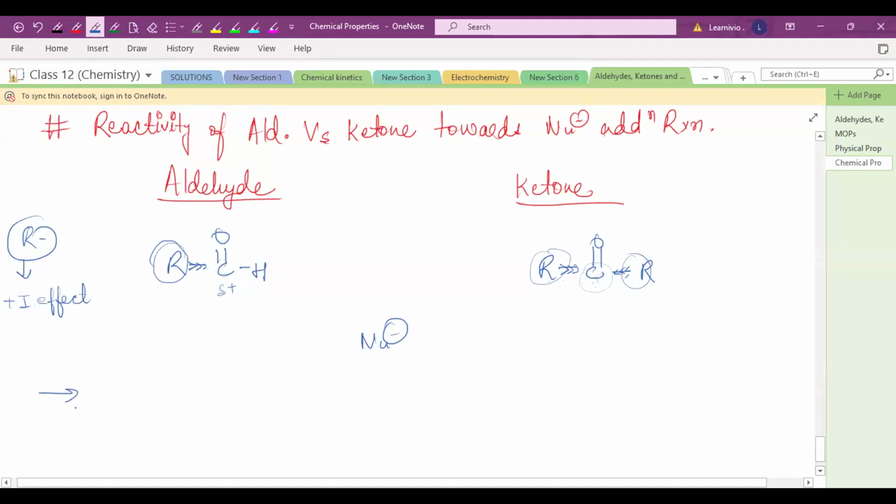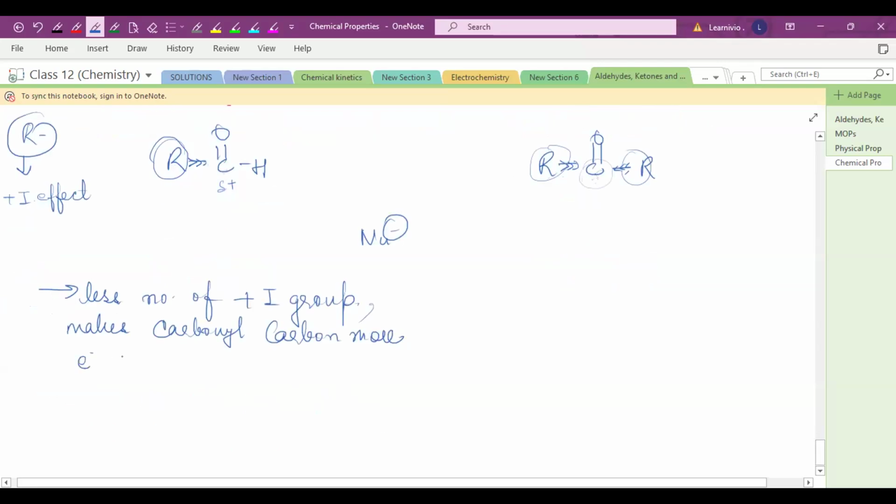Okay, now you can write point by point. First point, write down: here in the aldehyde, a smaller number of plus I groups is present, so it makes the carbonyl carbon more electron poor.